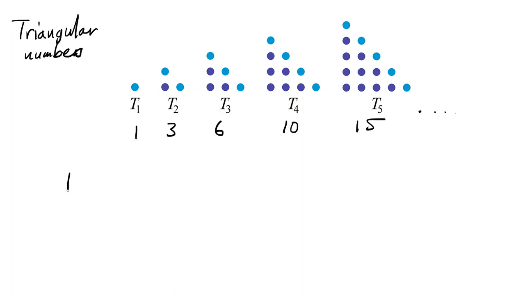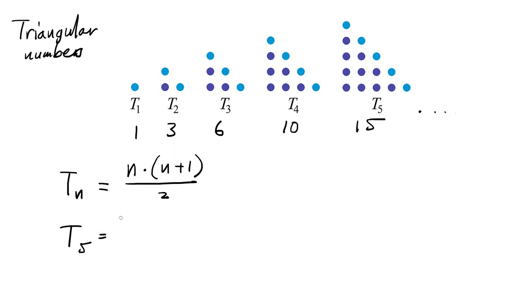And one can show that, for example, the nth triangular number is given by the following formula. We leave it to the exercises to show that. But let us test it, for example, with the 5th triangular number.